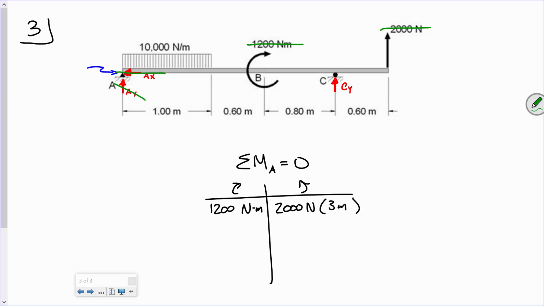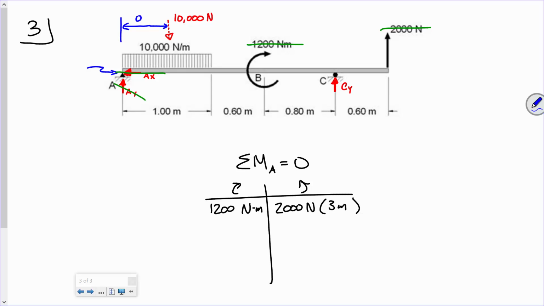Now this next one, distributed load, 10,000 newtons per meter acting over a distance of 1 meter. So what we've got to do, if you remember, is collapse that into a single point load. 10,000 newtons per meter acting over a distance of 1 meter, that's 10,000 newtons. Now, how far is that from here to here?